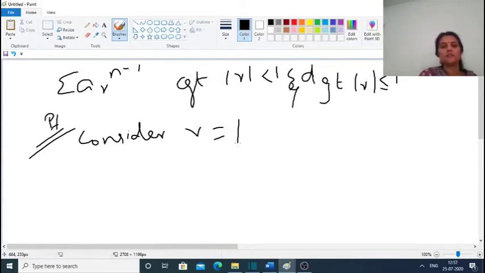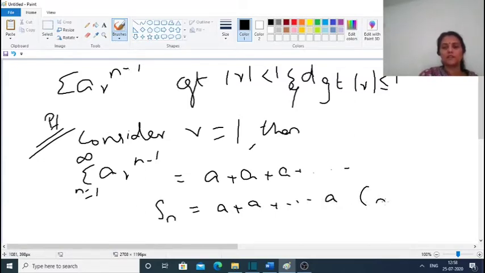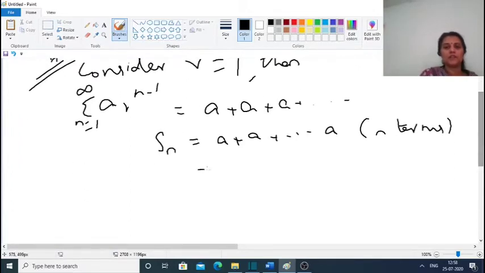Then sigma n equal to 1 to infinity a r raised to n minus 1 becomes a plus a plus etcetera up to infinity. So the sequence of partial sums Sn is equal to a plus a plus etcetera, n times, which is equal to na.